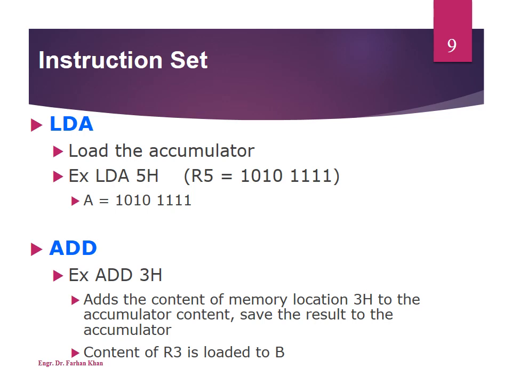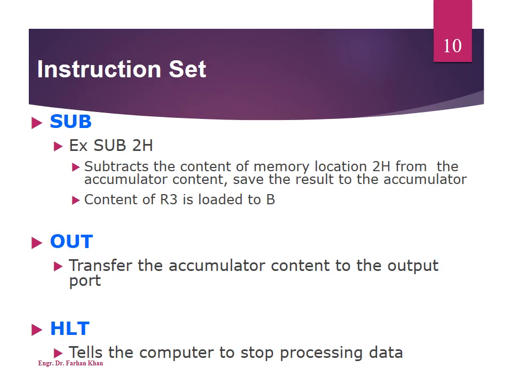Our next instruction is ADD, which is short for addition. For example, ADD 3H adds the content of memory location 3H to the accumulator content and saves the result to the accumulator. For that to work, the contents of memory location 3 is first loaded to the B register, and then using the adder subtractor, they are added to the contents of the accumulator. Then we have our third instruction, SUB, which is short for subtraction.